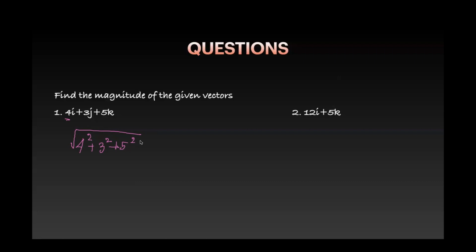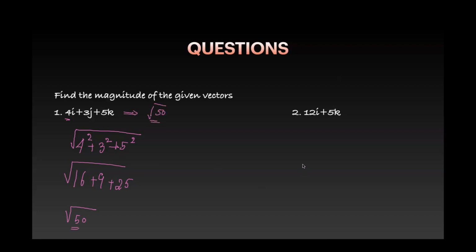Add those, then take the root. 4 square is 16, 3 square is 9, 5 square is 25, and you are going to get root 50. So the magnitude of this is root 50.